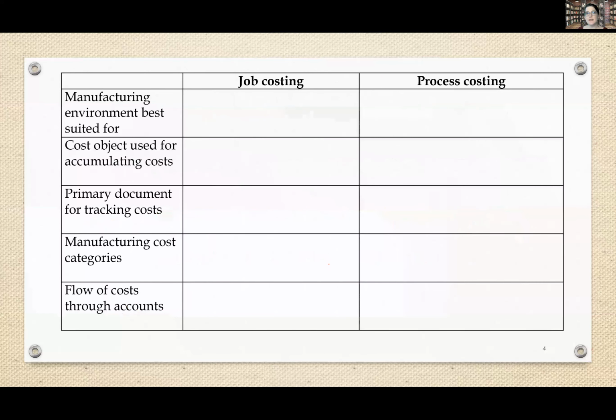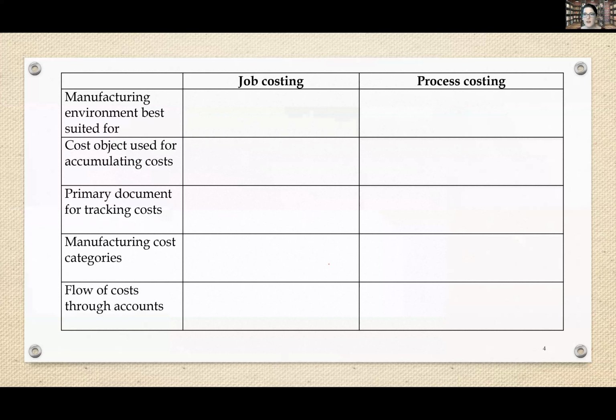So let's take a look at some of the differences and similarities between job costing and process costing. In job costing, the manufacturing environment it's best suited for is when you have unique jobs, when your jobs can be distinguished. For instance, if we're making fire trucks, we can directly trace to fire trucks.